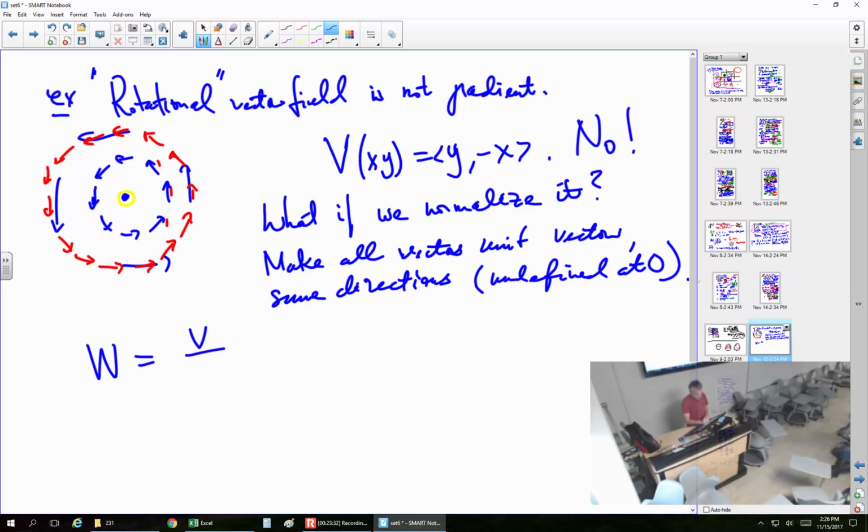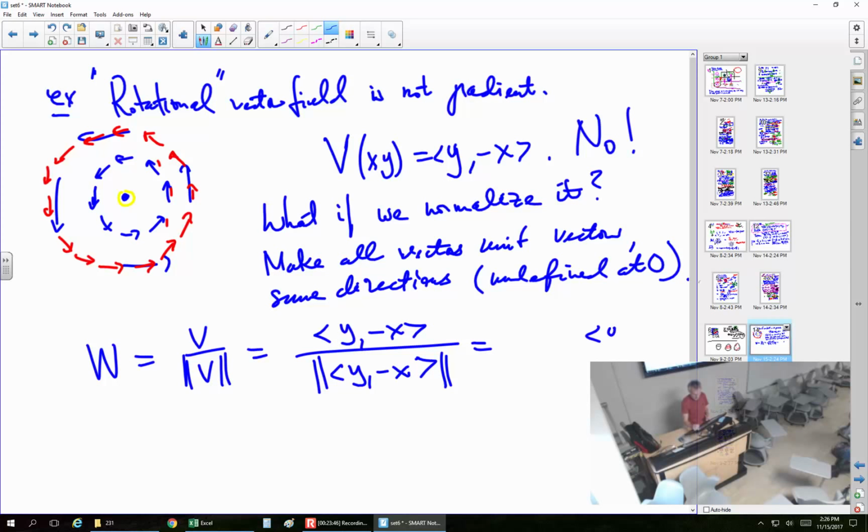Okay. So the vector field, let's say W, is equal to V divided by the magnitude of V. In other words, it's (y, negative x) divided by the magnitude of (y, negative x), which is, what is it?